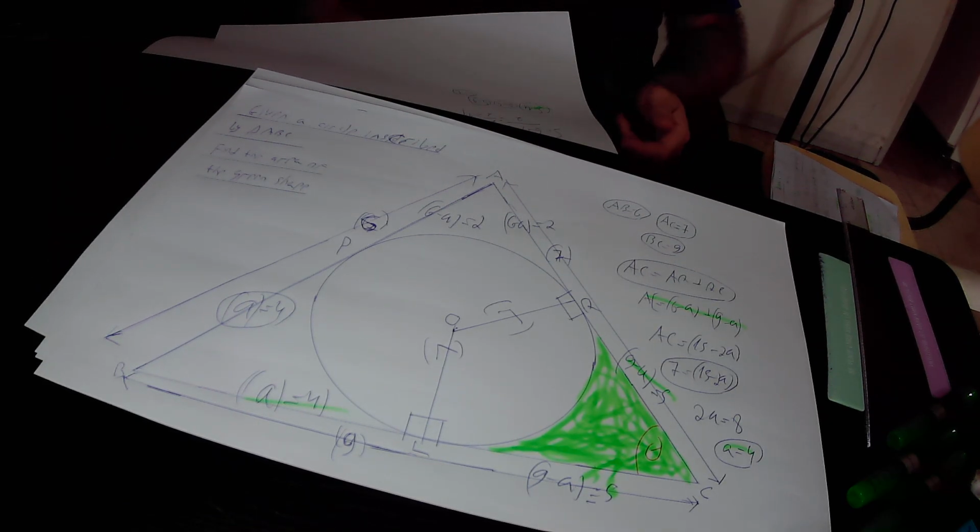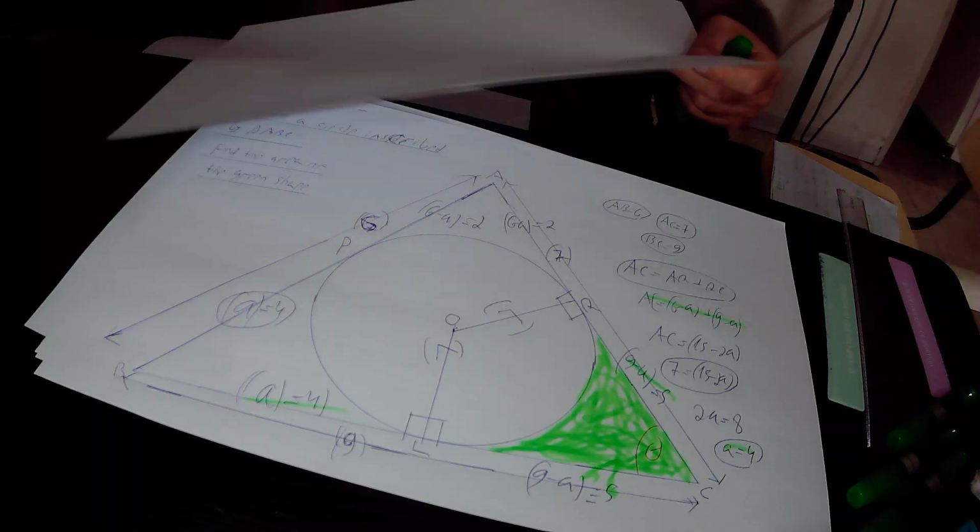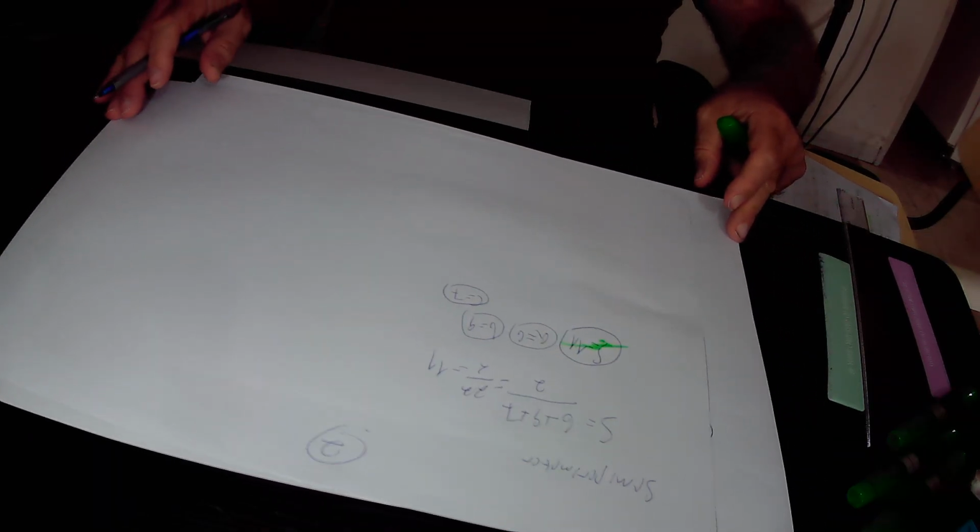Actually, we have a special formula for the area of any triangle. The special formula is as follows.